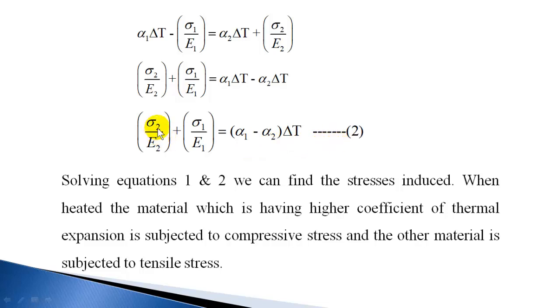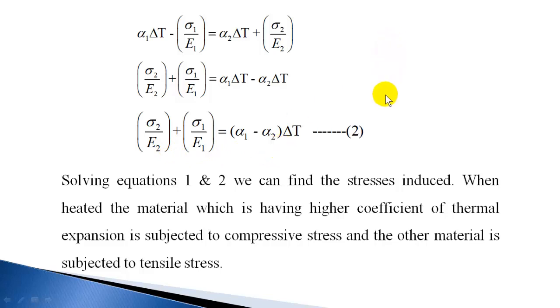So you have another relation for the stress induced in the bar. So if you know the Young's modulus of the materials and the coefficient of linear expansion and temperature change and the areas, you can solve for the stresses induced in both the materials.